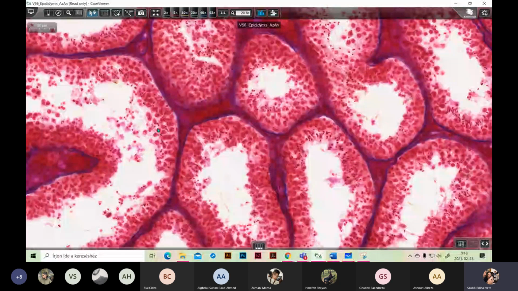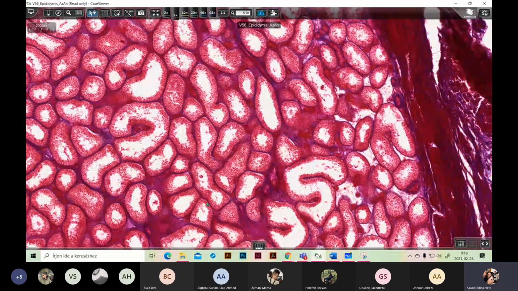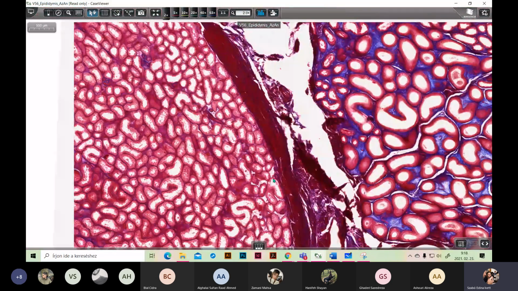And in this special stratified epithelia, you can see the immature sperm cells. And in the first semester, you have to recognize this is a testis part, but you don't have to say any details about the testis because we will learn the testis in the second semester.